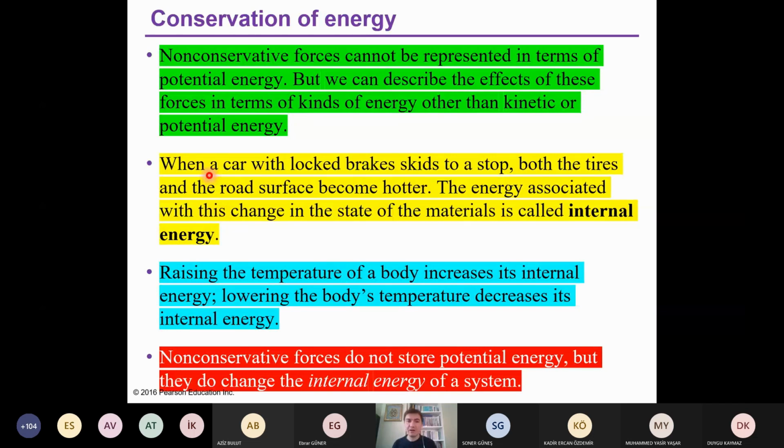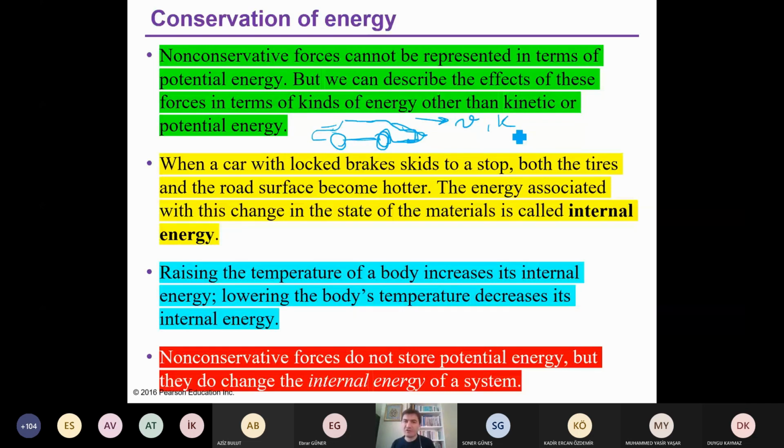So here I have an example and you will better understand. Let's consider that there is a car, moving to this side with a certain velocity, with a certain kinetic energy. Let's consider that height is 0 here and potential energy is 0.